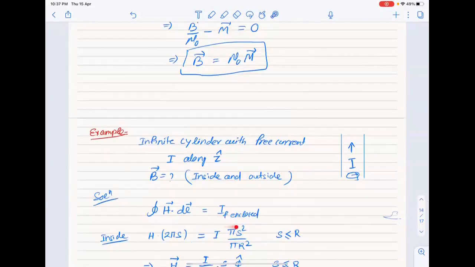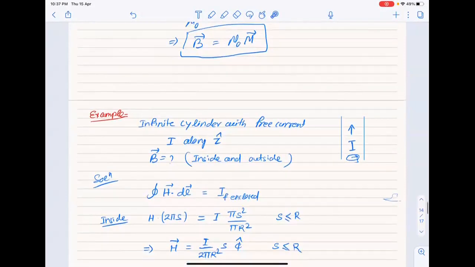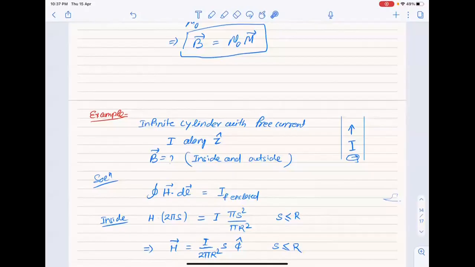I enclosed is nothing but whatever total current is I here. So if you want to calculate the B inside the cylinder, let's start at a distance S from the center.